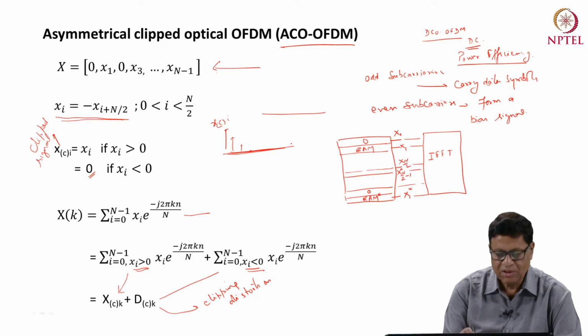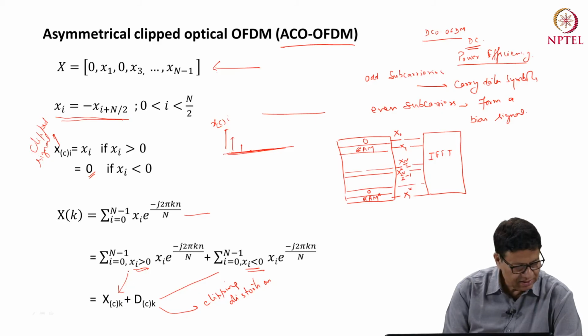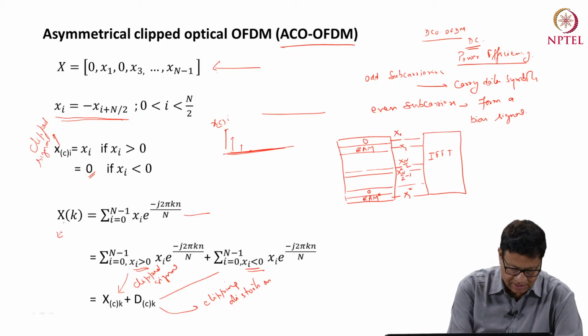So there is no concept of DC here. You are not giving any DC to the signal, as was the case in DCO OFDM. And this X_ck is the clipped signal, and this is the original signal.